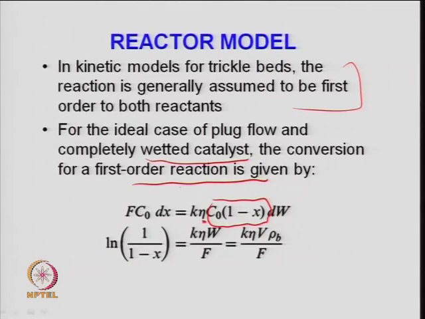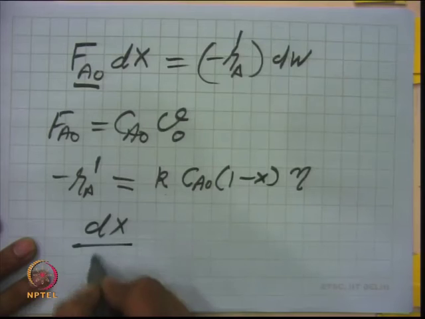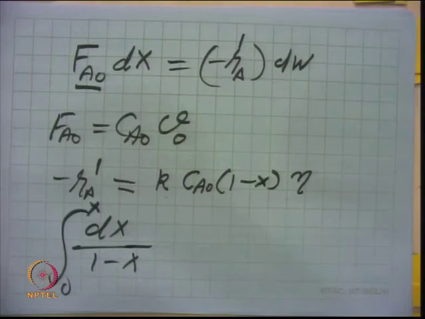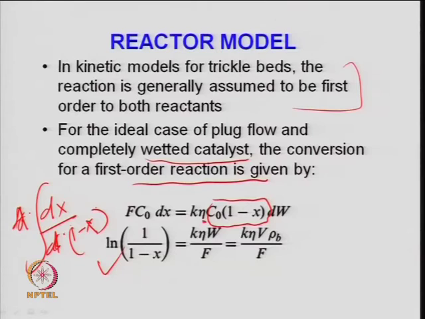If you integrate dx upon 1 minus x, it will be simply ln of 1 over 1 minus x. So, this is the integration of dx over 1 minus x, with limits 0 to x, and the integration of this is ln of 1 over 1 minus x.